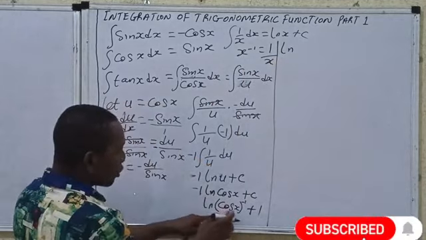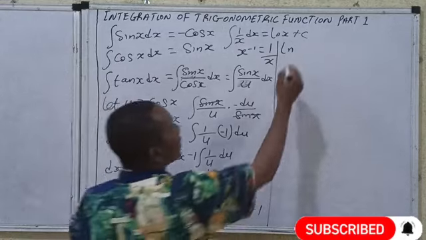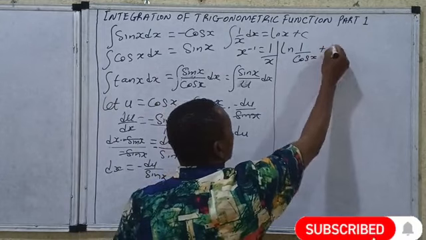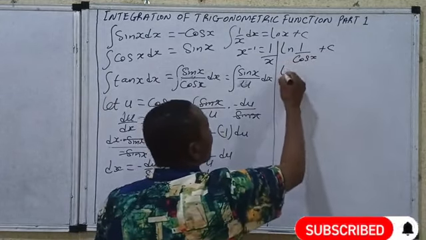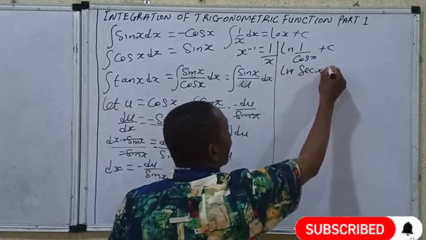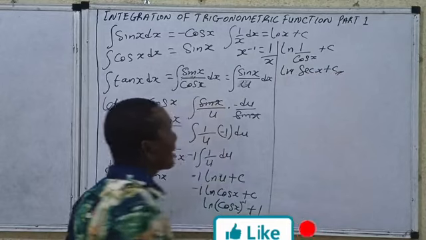So cos x raised to power negative 1 is 1 all over cos x, plus C. And 1 all over cos x is the same thing as sec x, or secant x, plus C. So this is the answer.